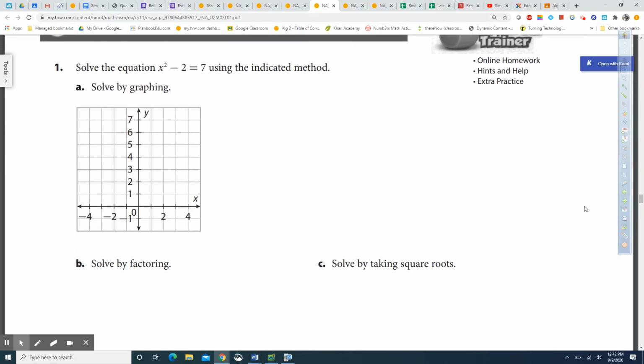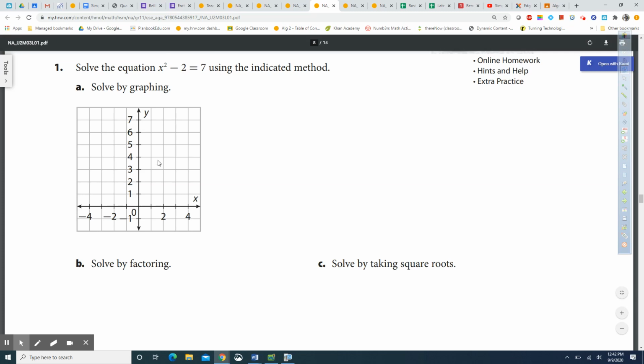Okay, so what you're going to do on the first couple of problems is just like we did the first example. You're going to take it just like it is and graph it. So you'll have your parent function move down by 2. Going to come across on your 7. Tell me where they cross. Then you're going to put it equal to 0. Factor out your 2.